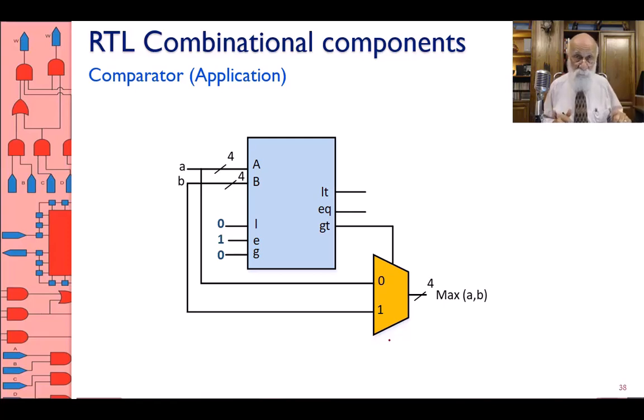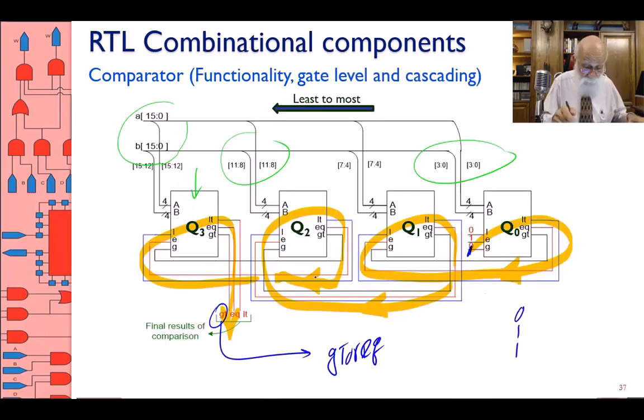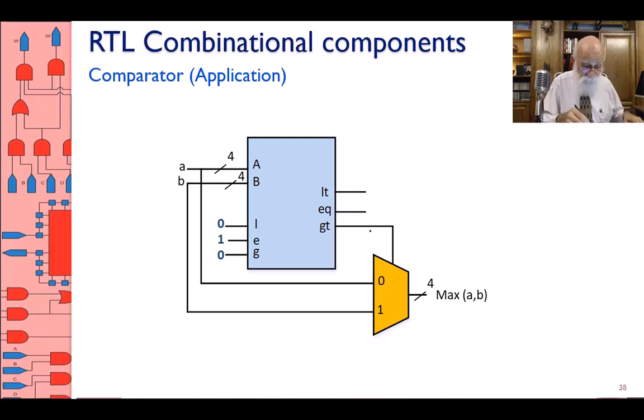One simple application of comparators, a maximum circuit finder. This is a comparator. You don't really have to have a cascadable comparator like this. A simple comparator that would only give you the GT, that was the first one, would do the job. If A is greater than B, this becomes 1.